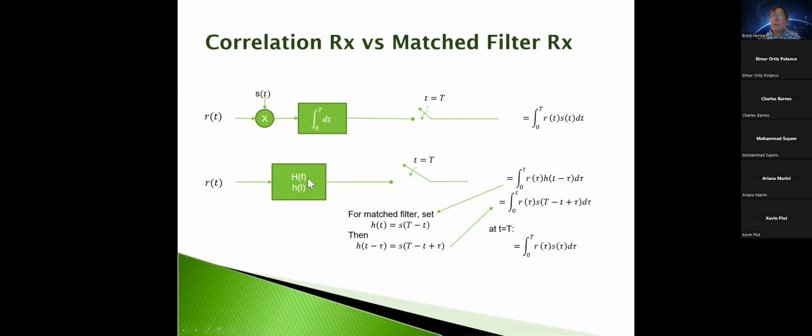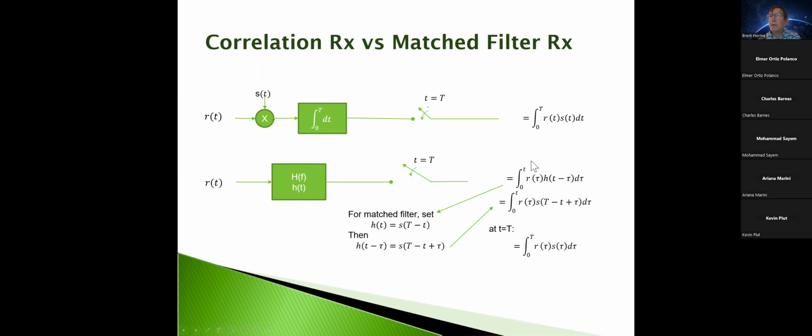Now in a matched filter case, we're going to convolve this r with the impulse response of the filter, right? So that's done from 0 to T, so it's a causal system. Things don't happen before time started, right? So it starts at t equal to 0, the beginning of time.